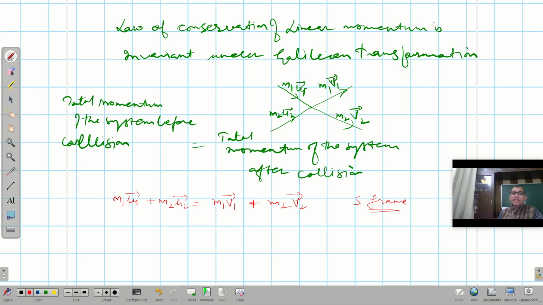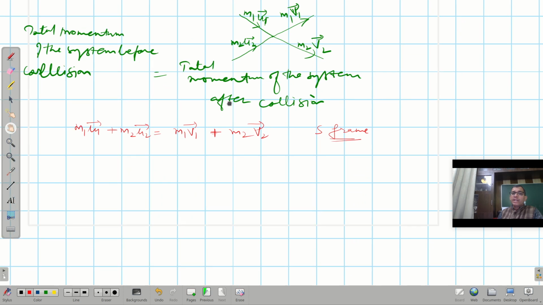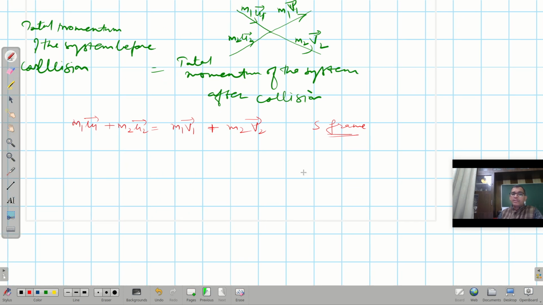But when things are observed from the S prime frame, what will happen? In the S prime frame, this frame is moving with velocity v with respect to the S frame.